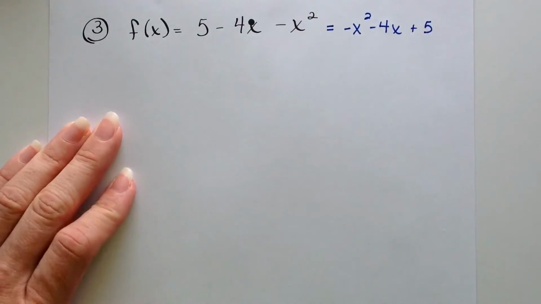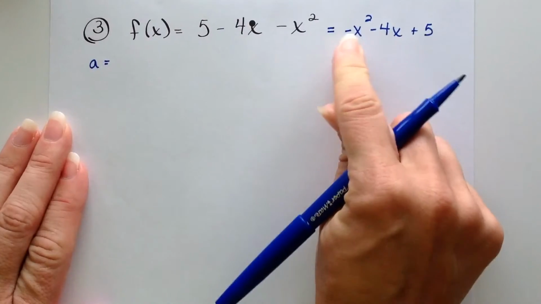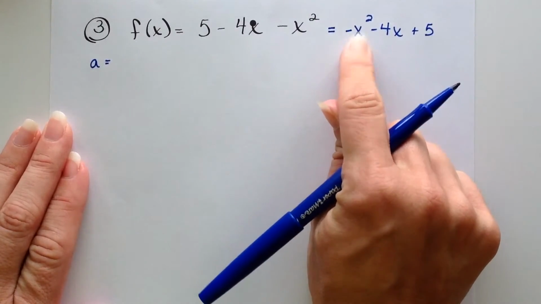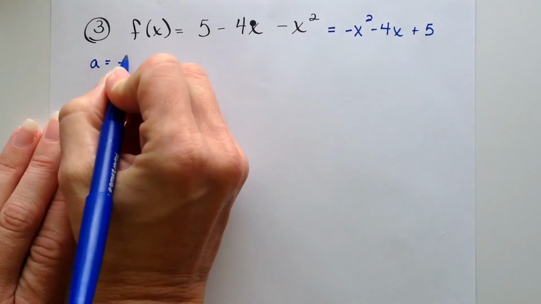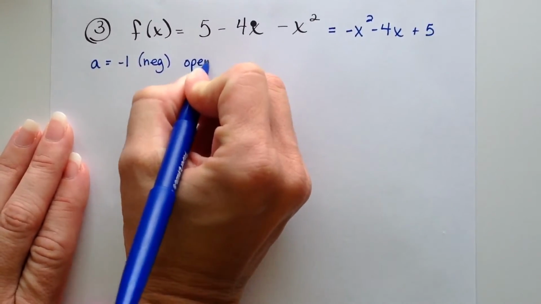My a value would be negative 1. When it's in this form, your a is the coefficient of the x squared, so that's going to be negative 1. Since it's negative, it's going to open down.